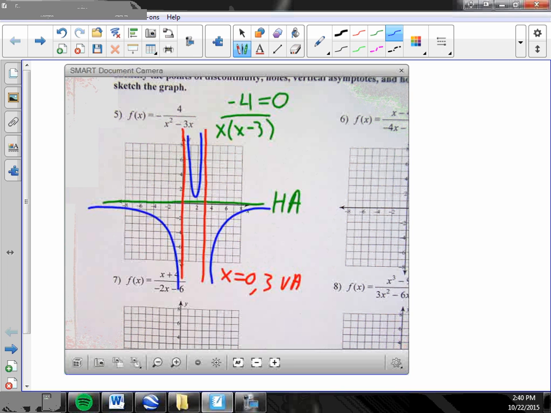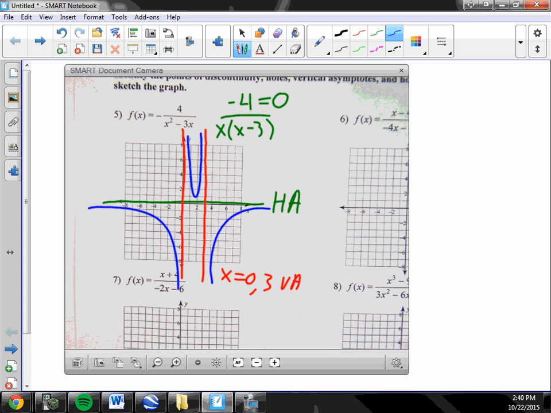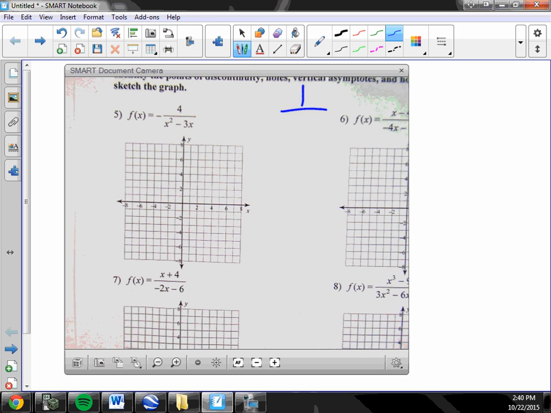And asymptotes sort of work like roots. When we have a double root, how is that represented on the graph? It bounces. A double asymptote, for instance, if you had something like 1 over x plus 2 and x plus 2, that has a double vertical asymptote at negative 2.